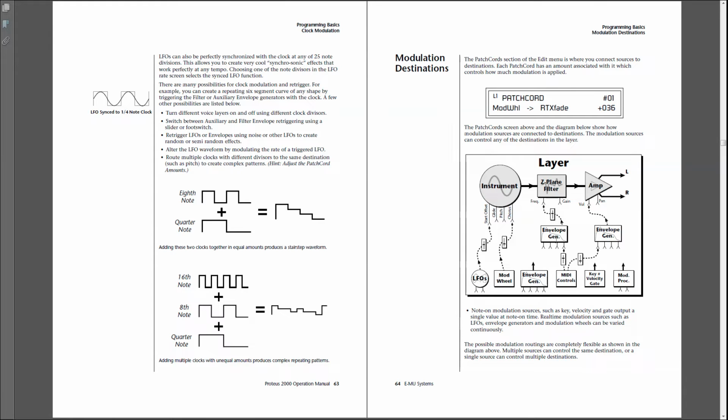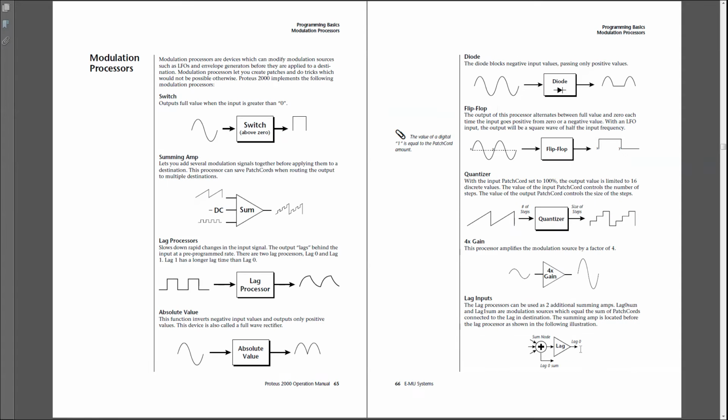Then you've got envelopes feeding into the filter, which is basically a glorified graphic equalizer. It's more complex than that, but it's affecting the tone. And then you've got envelopes going into the amplifier, you know, how on-off-ish the note is. So a very traditional layout. But there's a heck of a lot of options.